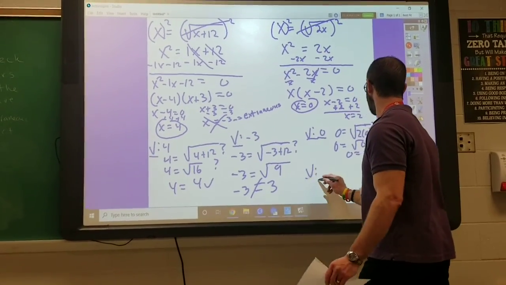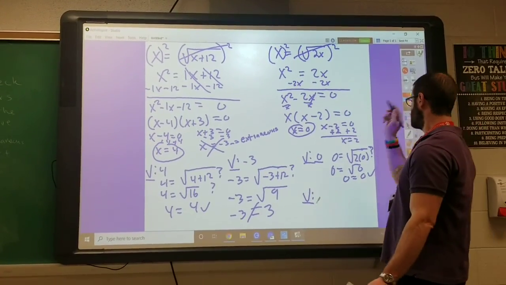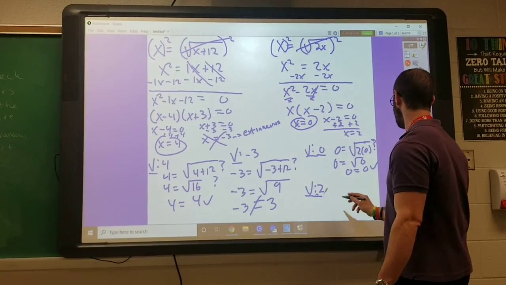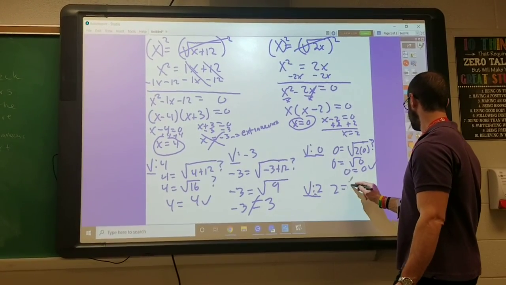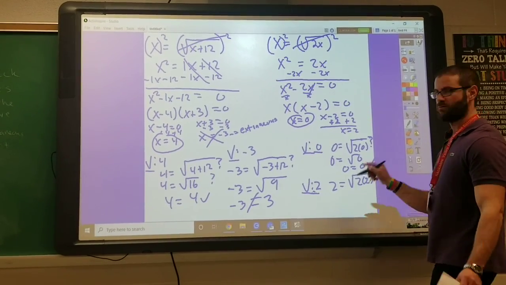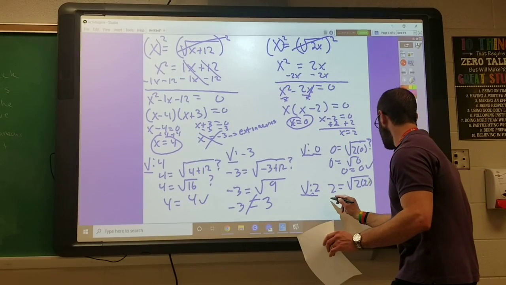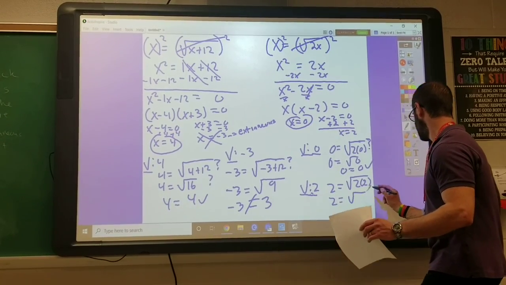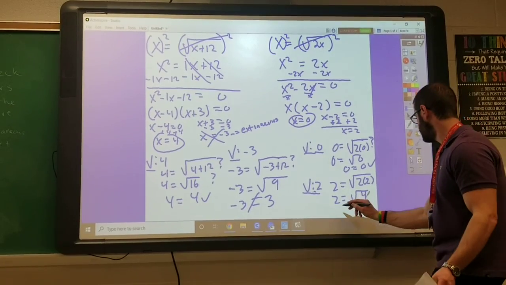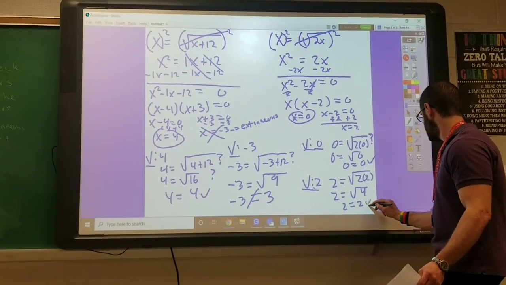Let's check 2. Okay, so wherever we see an x, we're going to plug in a 2. So does 2 equal square root of 2 times 2? What's 2 times 2? 4, correct? Does 2 equal square root of 4? Square root of 4 is 2, so 2 is equal to 2.